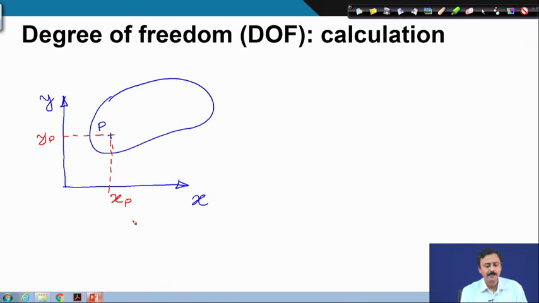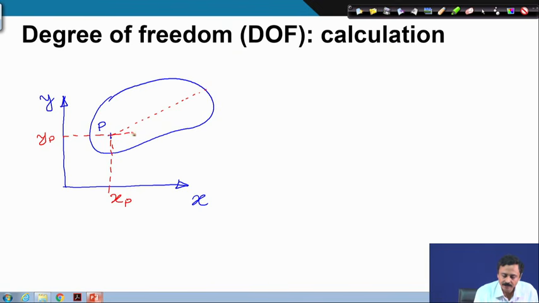Once I specify the coordinates of this point P, just like we do for a point, the point P is fixed, but because this is a rigid body, it has got an orientation which is of importance. Therefore, it is not enough to fix only this point P, we also need to fix some line belonging to the rigid body. Let us say this is a line belonging to the rigid body.